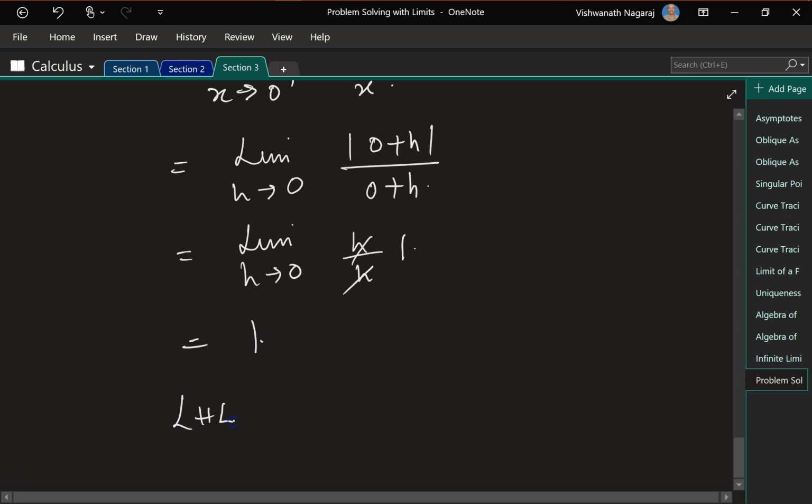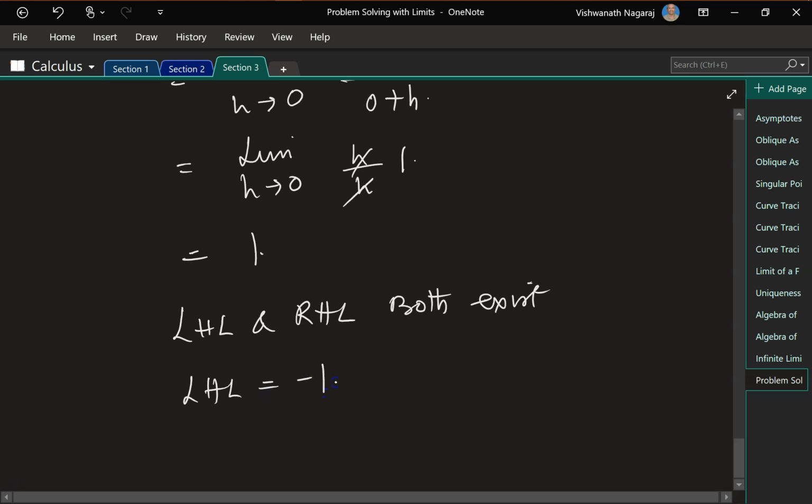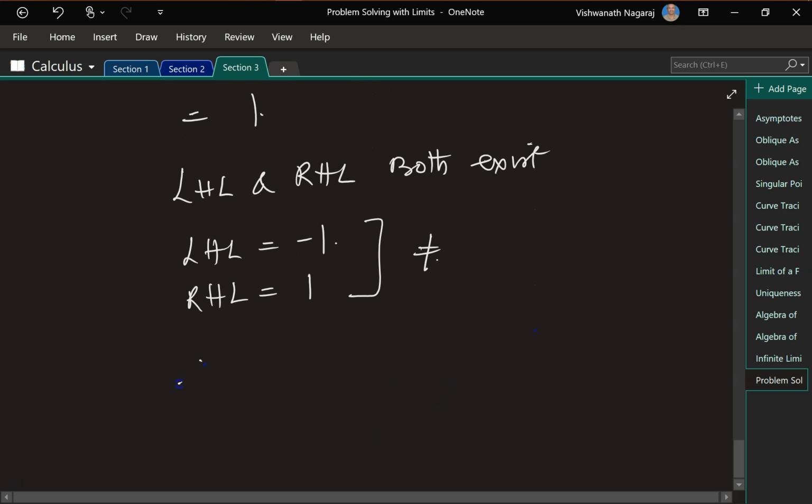Now LHL and RHL both exist, but LHL is equal to minus 1, RHL is equal to 1. So they are not equal. So therefore no limit exists.